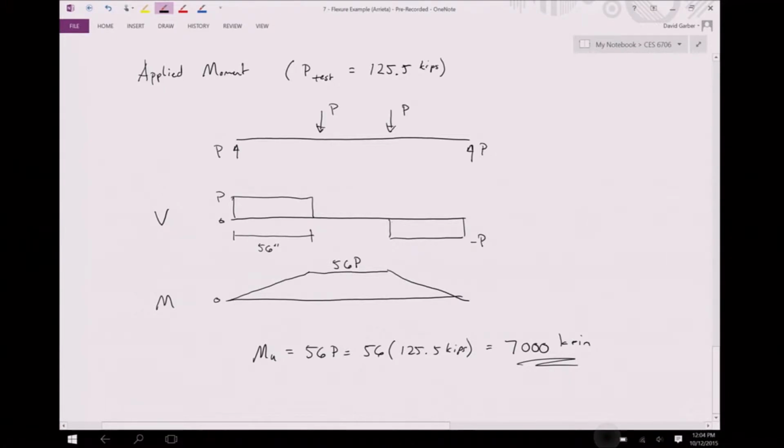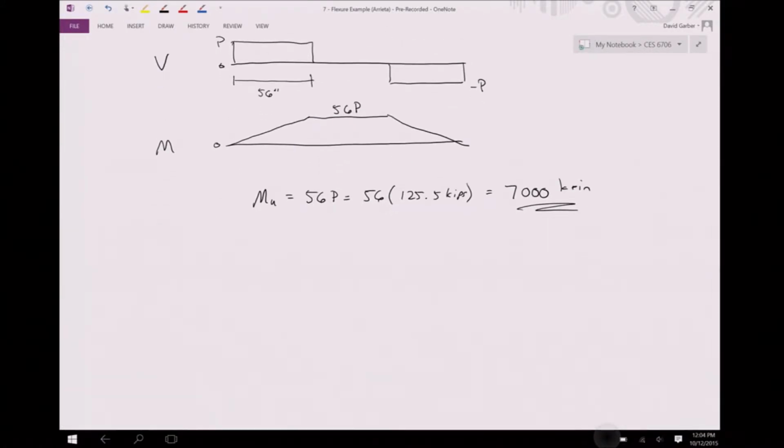So you can see that our calculated capacity is pretty close to our actual capacity, and it's conservative, which is good. And we didn't include self weight, so it's actually going to be a little closer than what we actually got.